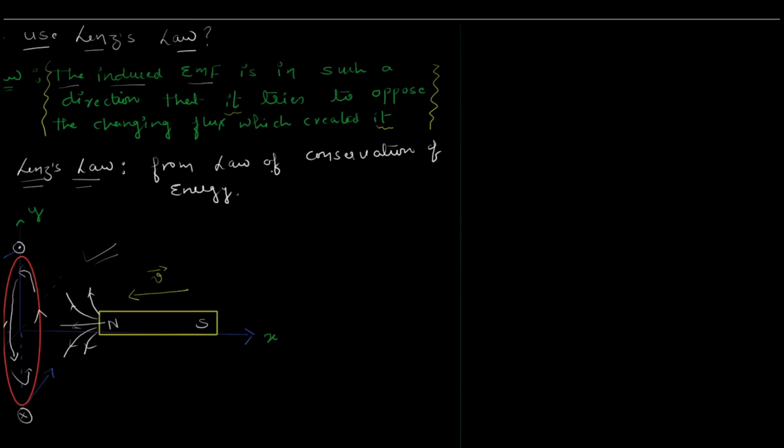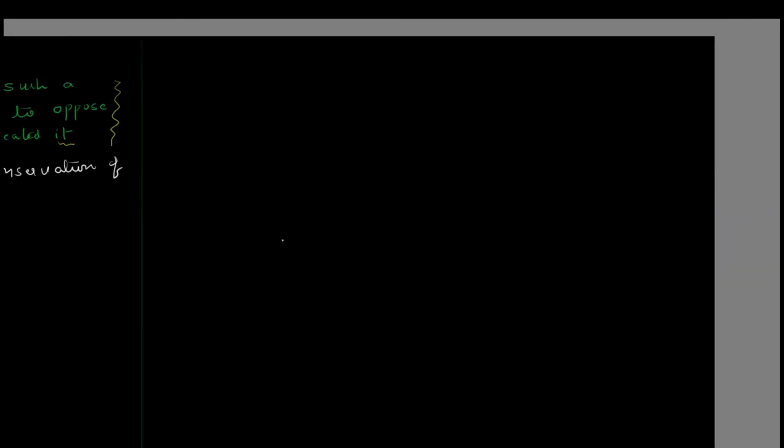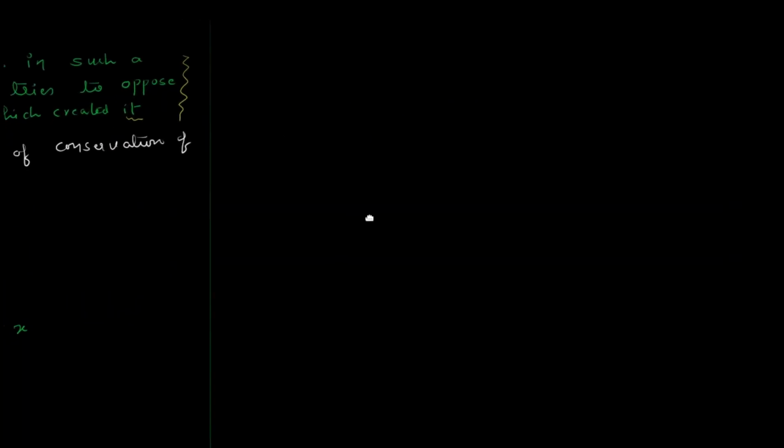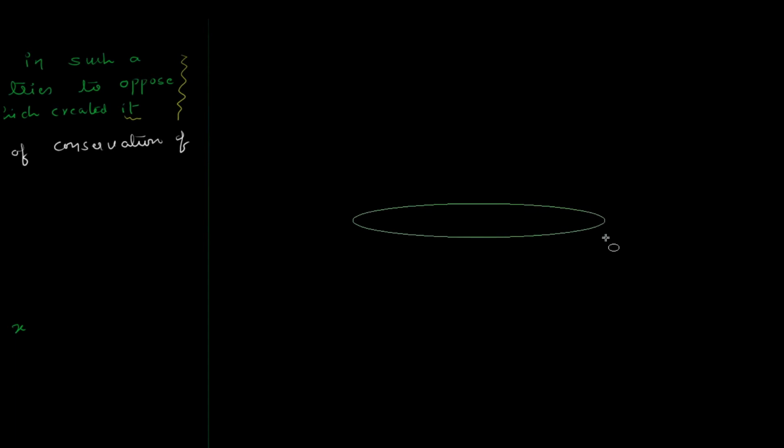Now for the real deal, right? Let me take more examples like this, and now is the time for maximum attention. Let's say I have a ring like this, sort of attached to a wall over here. So we have a ring attached to walls on either sides.